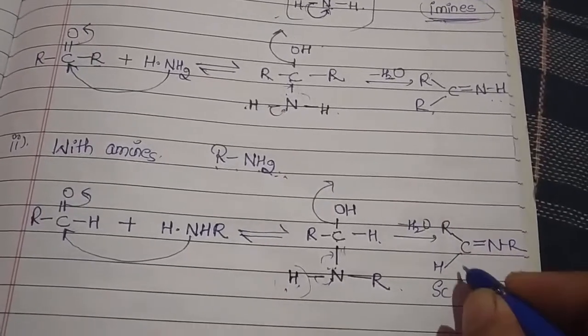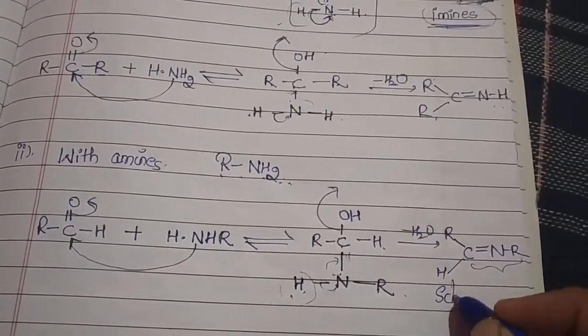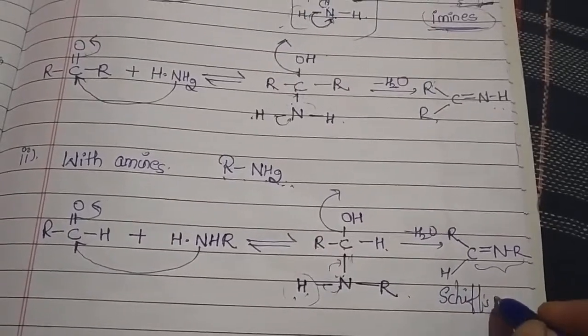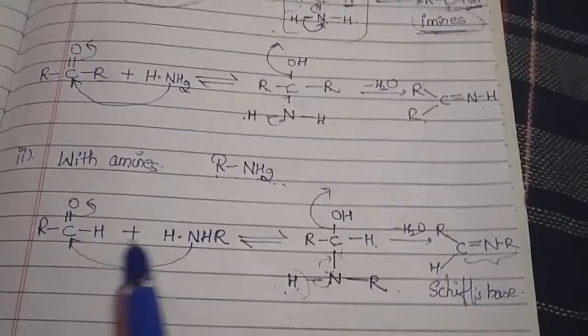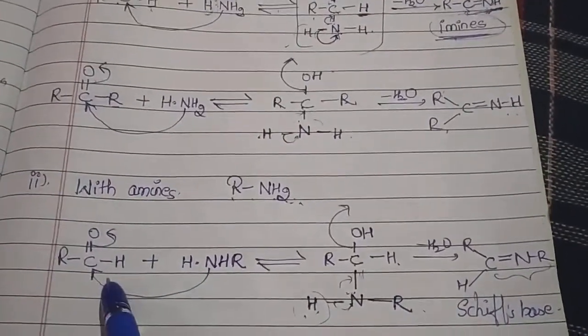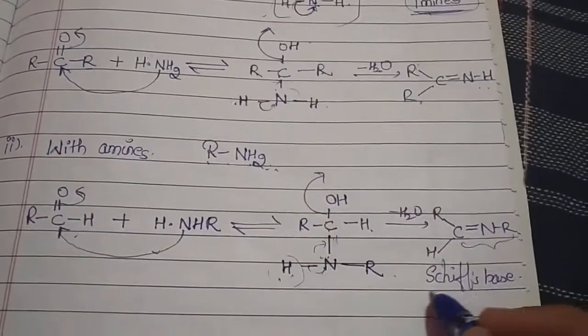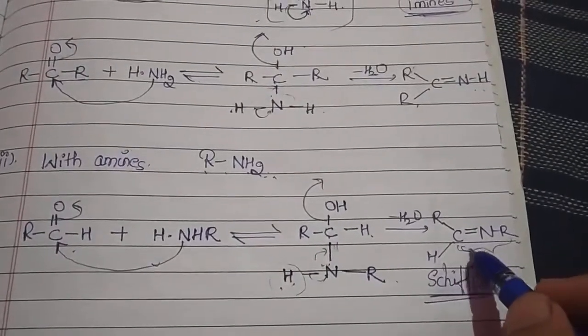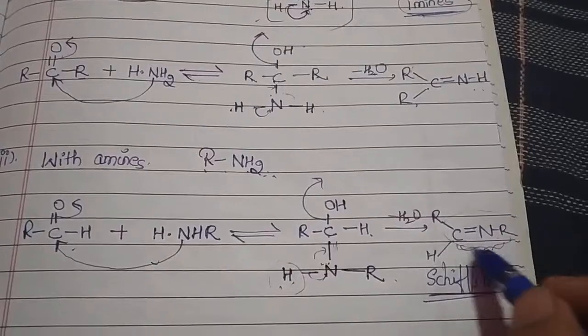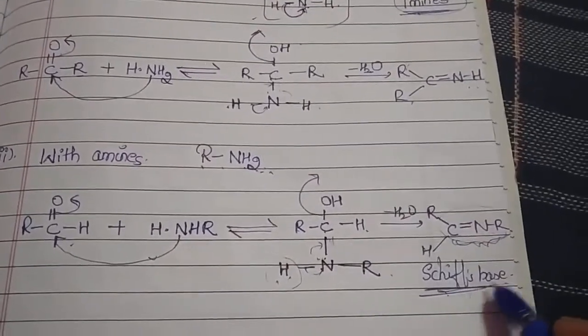So generally this representation is called as our Schiff's base. What it is called as? Schiff's base. So whenever you're treating your carbonyl compounds with the amines, the final addition product we are getting is called as what? Schiff's base, which is having a general representation as C double bond NR. ಈ ಪಾರ್ಟ್ ನವೆನಂತ ಹೇಳ್ತೀವಿ Schiff's base.